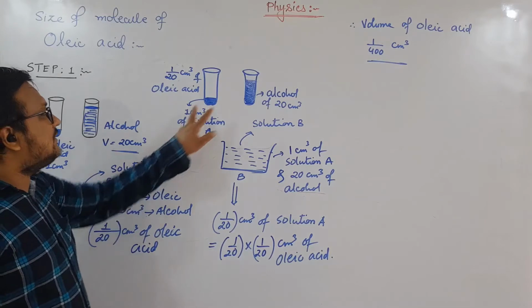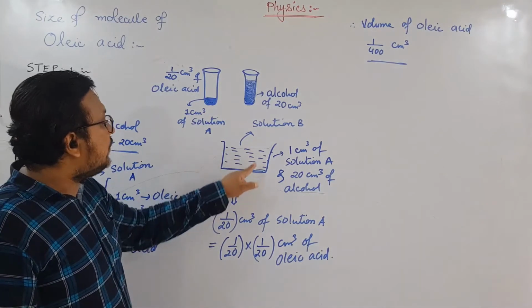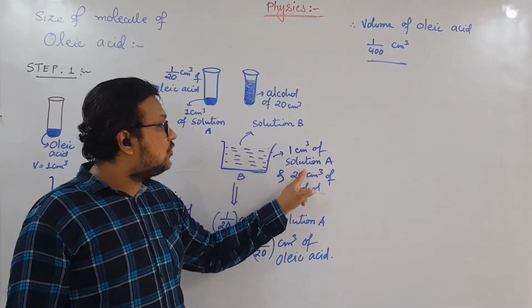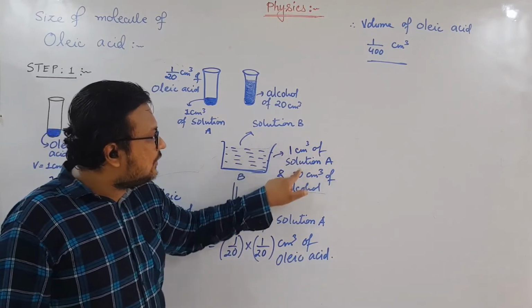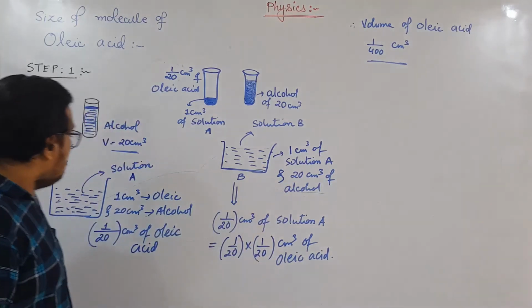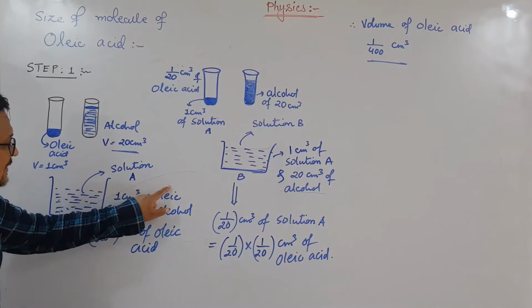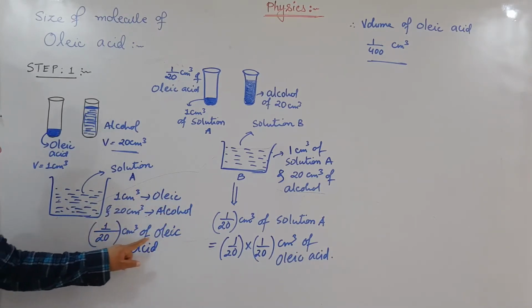Again we have mixed these two solutions in beaker B. So solution B contains 1 centimeter cube of solution A and 20 centimeter cube of alcohol. Now 1 centimeter cube of oleic acid and 20 centimeter cube of alcohol gives 1/20 centimeter cube of oleic acid.